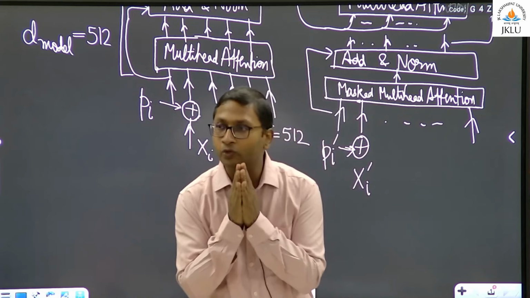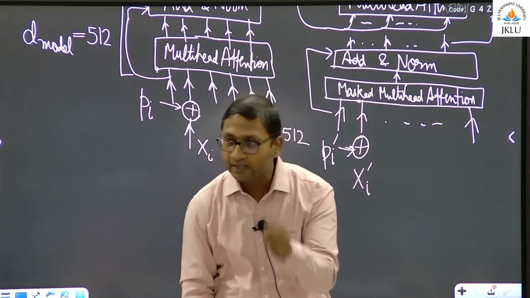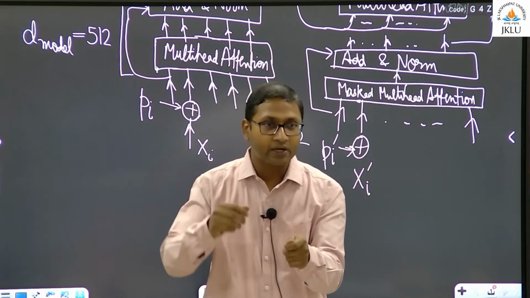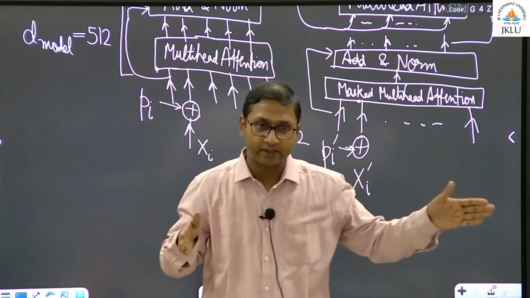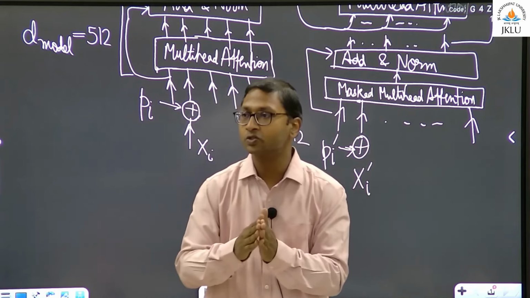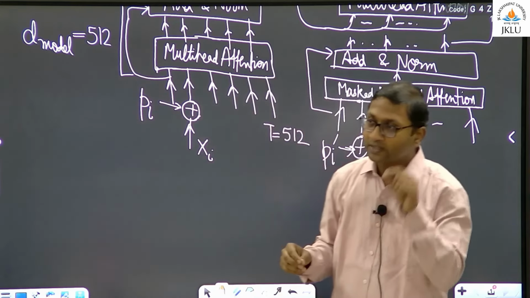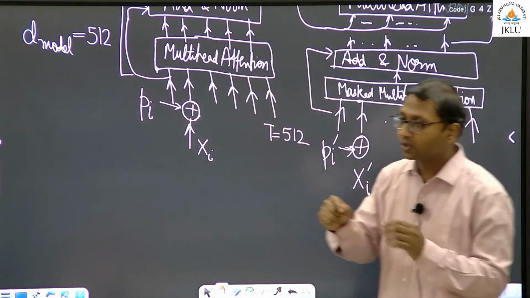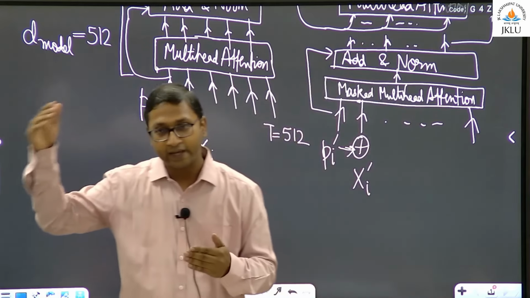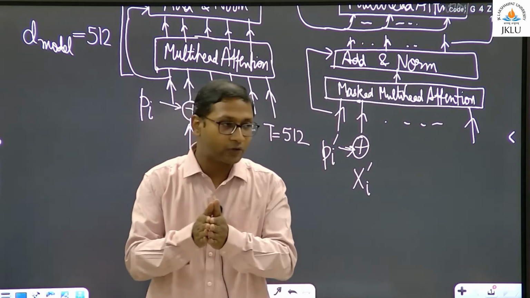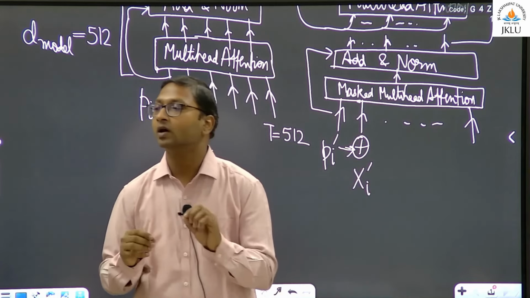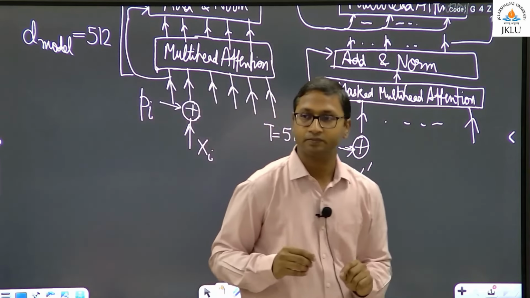If you are going to predict at the tth timestamp, if you are given access to everything before that, that is fine, but I should not have access to t plus 1, right? Because when you are generating something, nobody knows what you are going to see next. You have to generate based on what you have seen in the past. You are not allowed to peep into the future. Okay.